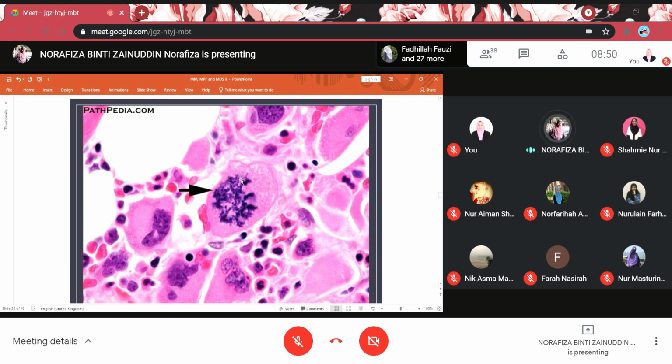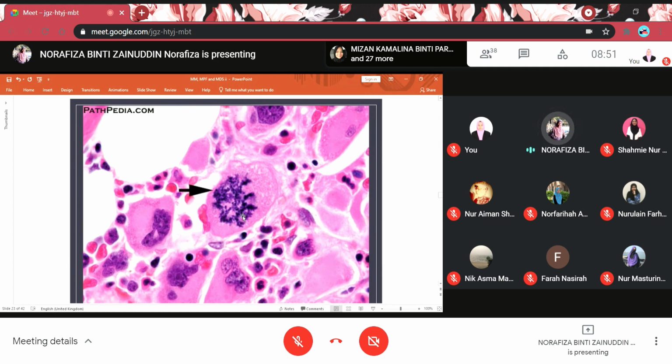So you can see this megakaryocyte with thrombocytosis. Okay. It can also be seen in a variety of reactive conditions such as systemic infections, severe inflammatory conditions, post-splenectomy state, and in those with severe iron deficiency anemia, and so on.